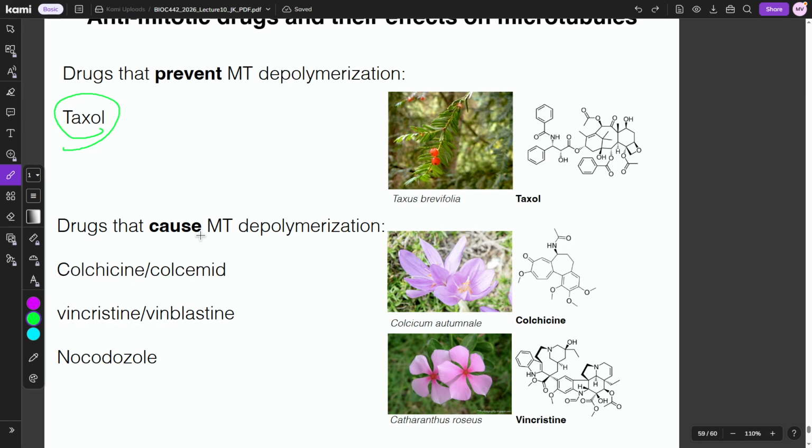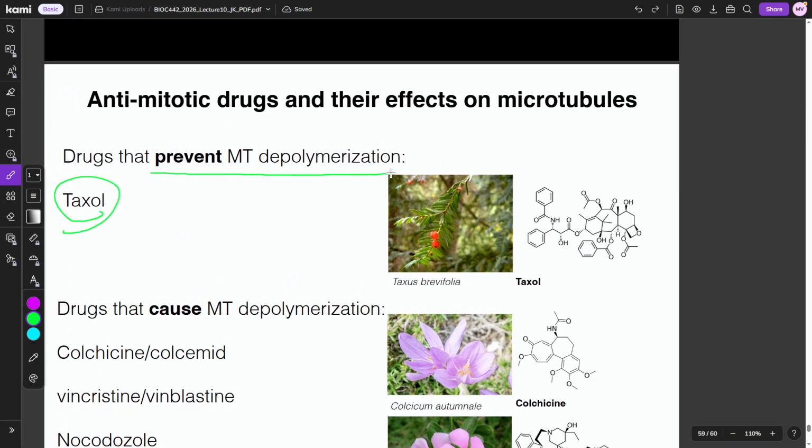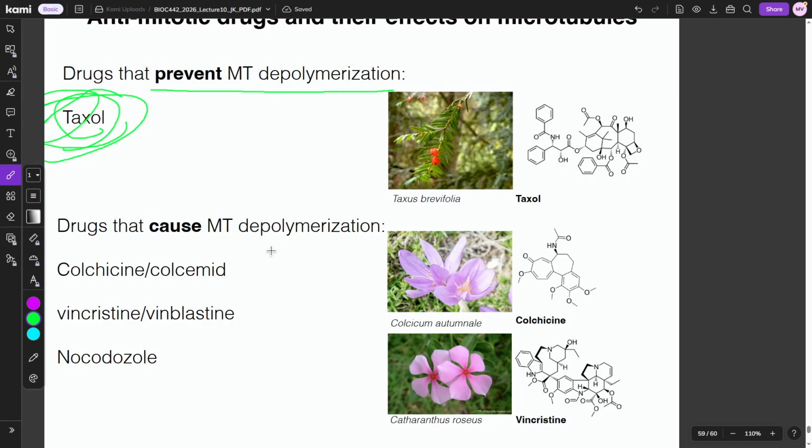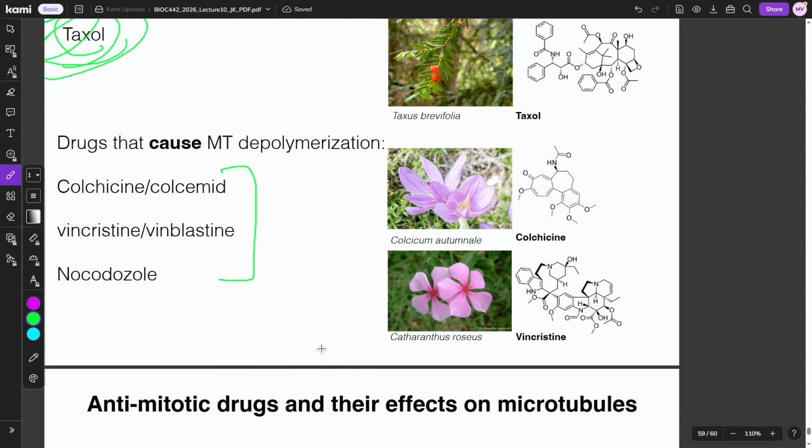That's one way of thinking about it. Taxol causes the GTP to stay stuck onto the alpha-beta tubulin heterodimers, and so it continues to grow rather than depolymerize. And drugs that cause depolymerization, like these, cause hydrolysis of the GTP, which leads to catastrophe, aka depolymerization.